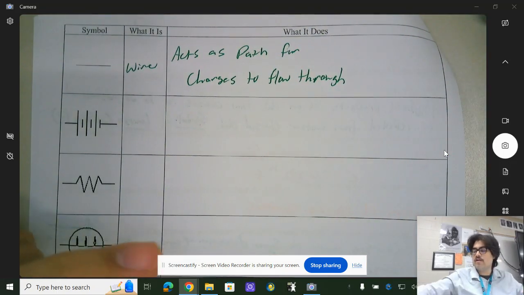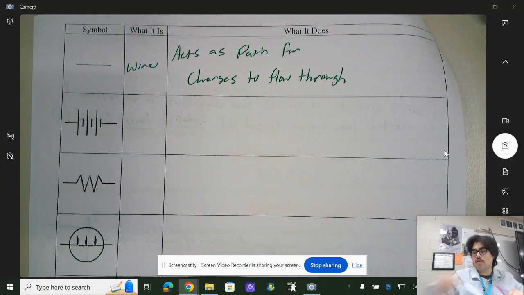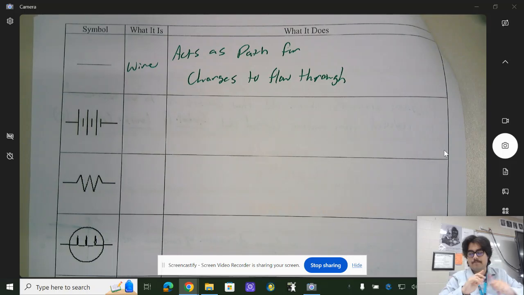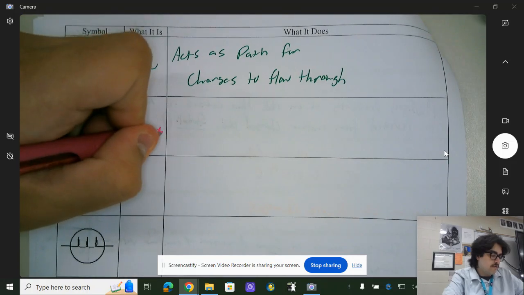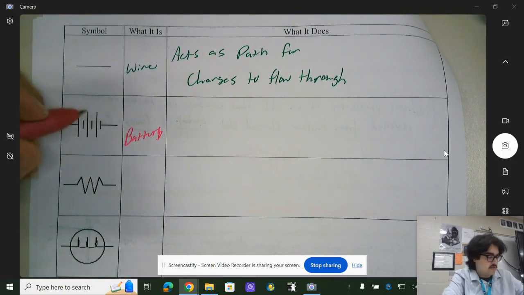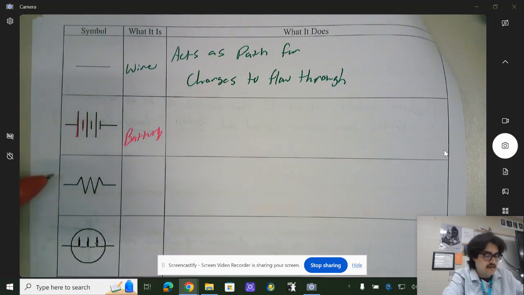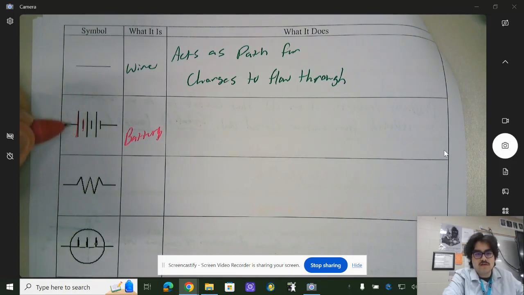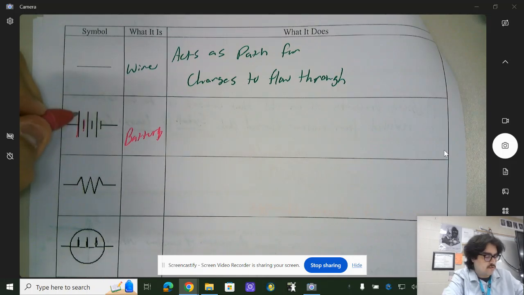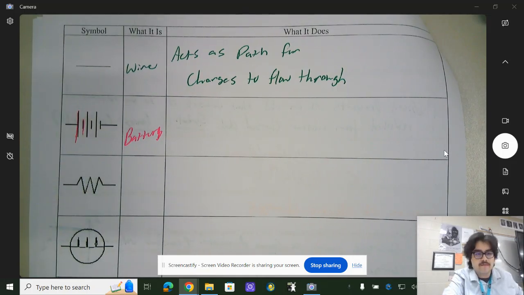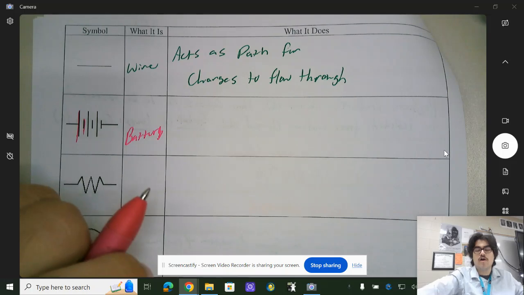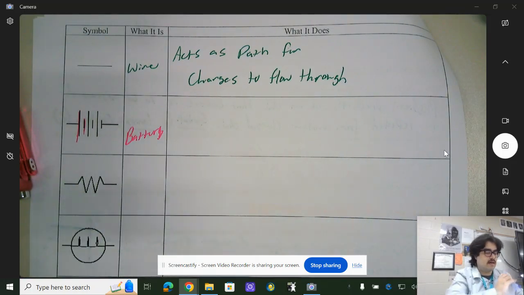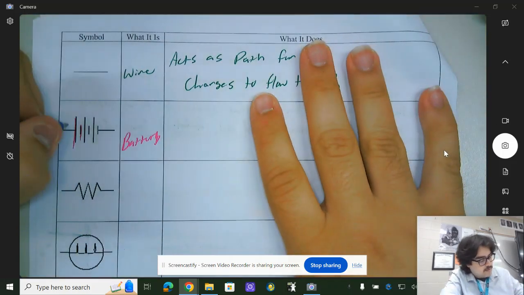This thing right here is called a battery. You don't have to be this fancy about it. As long as it's got the long line and the short line, you can use just that. When I draw batteries, I just use the long line and the short line. Now, it's important to note that you can tell where the positive and negative terminals are on a battery like this. The long line is the positive terminal.